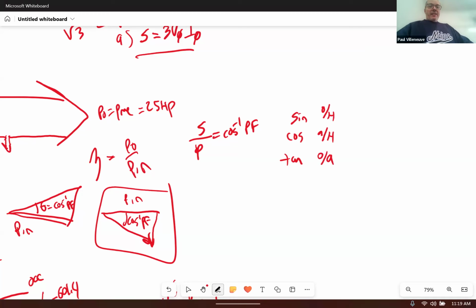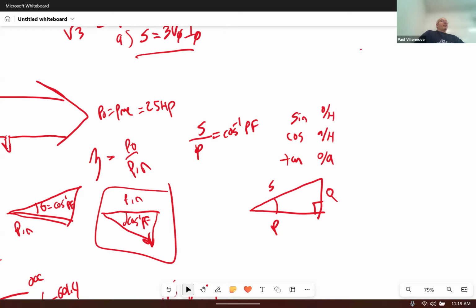So if I did my power triangle, and this is the angle that I'm looking for, that is the angle between S and P. We know this is 90 degrees. This angle, we don't really care too much about.